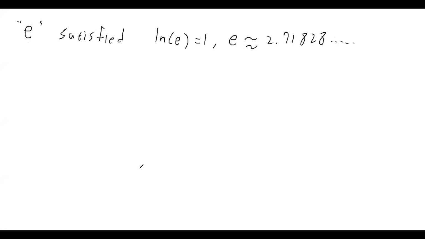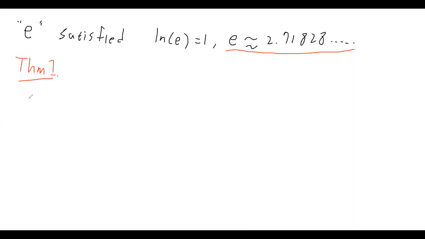This is a very interesting number, because like pi, it's a transcendental number. It goes on forever and never repeats itself. We're going to look at how we can derive this number using sequences and series later on in the semester. But I think that's enough background for now, and let's look at our first theorem.